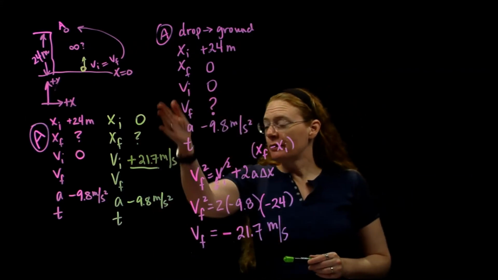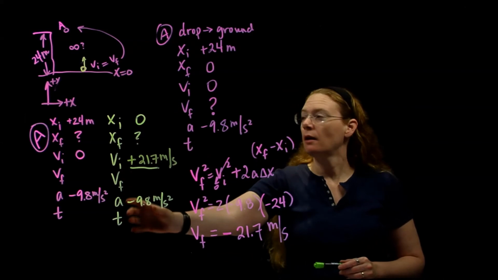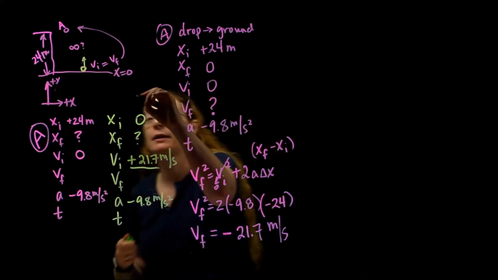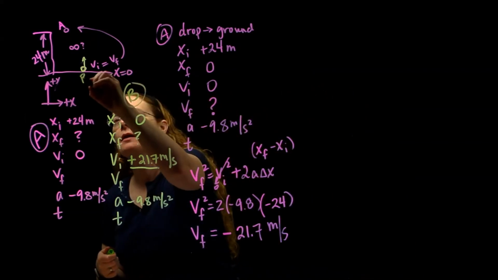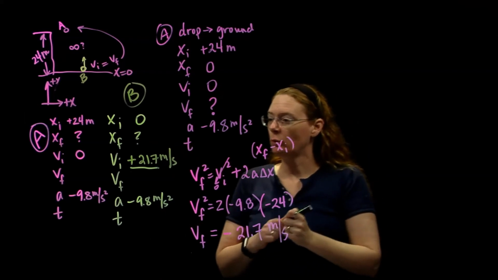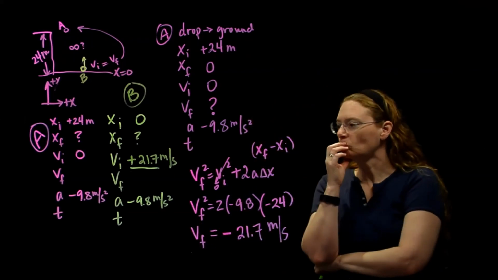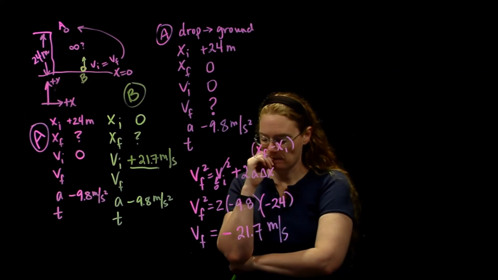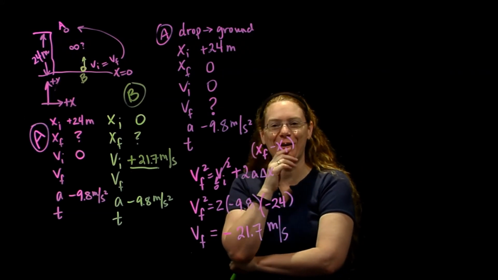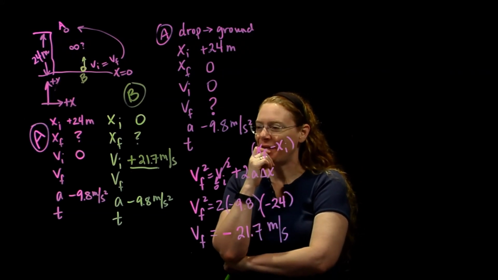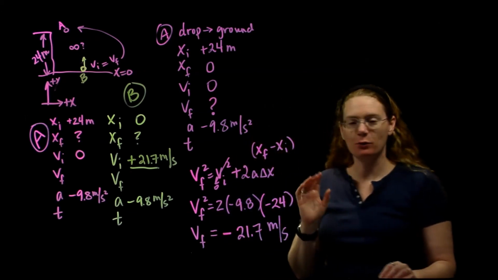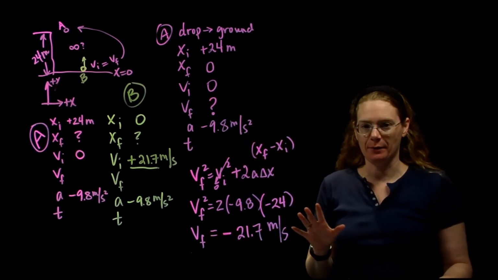Now do I have enough information on the green one, letter B, stone B, to figure out where they meet? Again, I don't know time. I don't know V final. Well, how am I going to do this? Okay, here's where the cool thing about two-object problems comes into play.